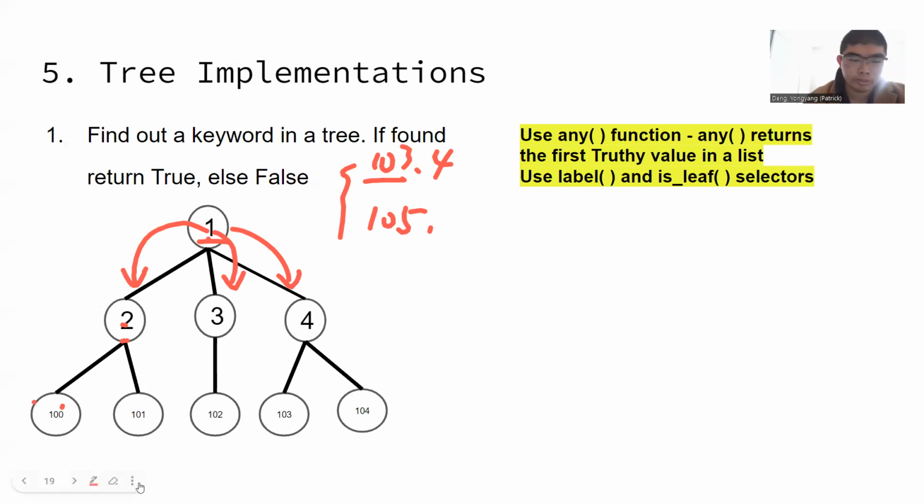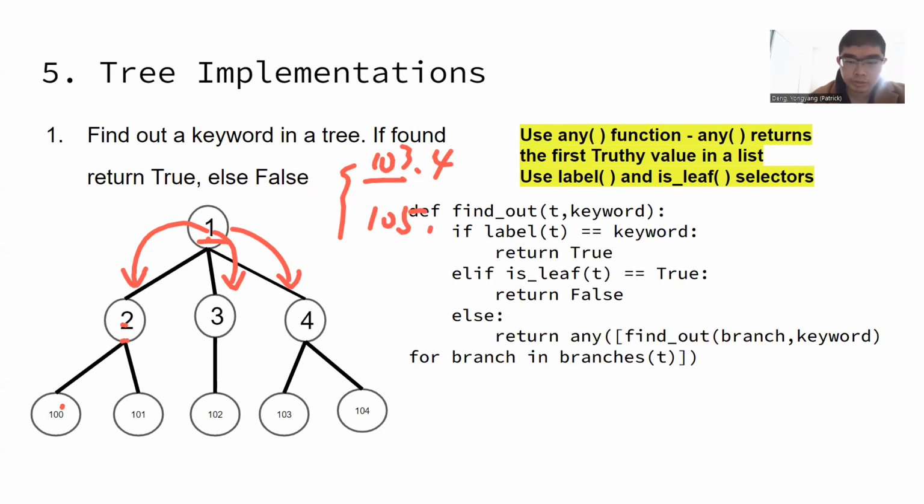Start exploring on the subtree, and then you collect all the results and try to find out whether you have a true among a lot of falses. So this is the answer.